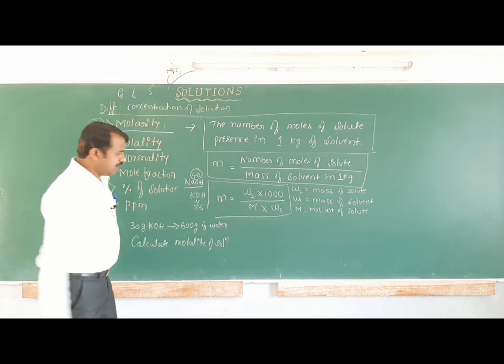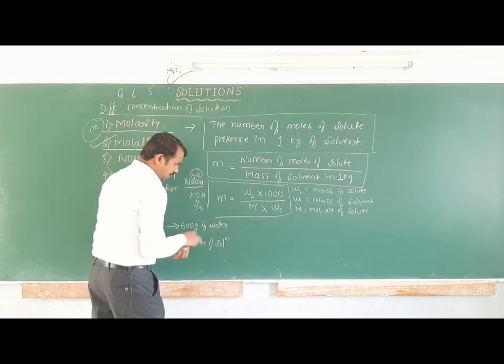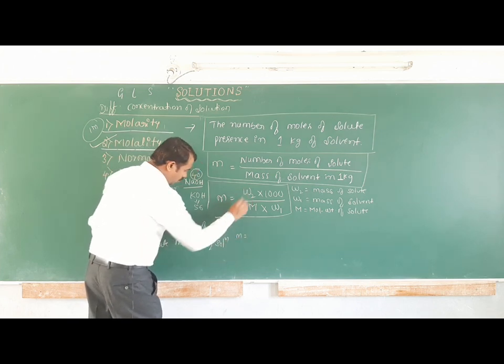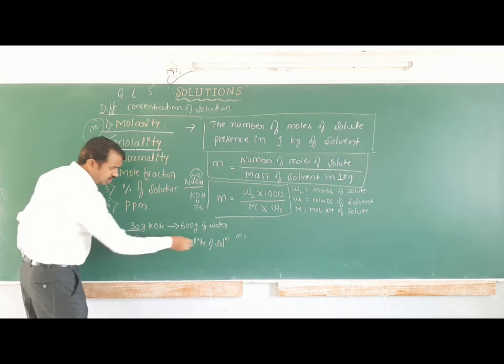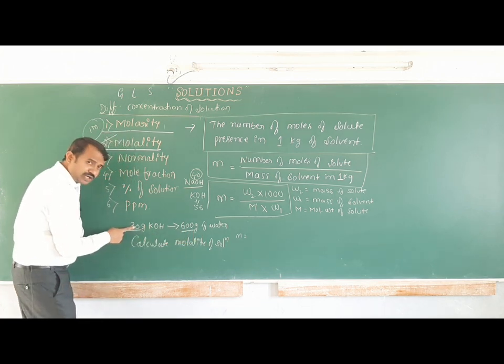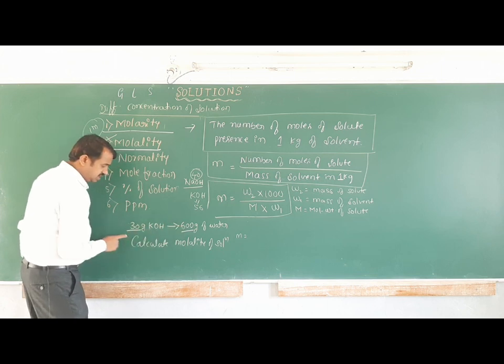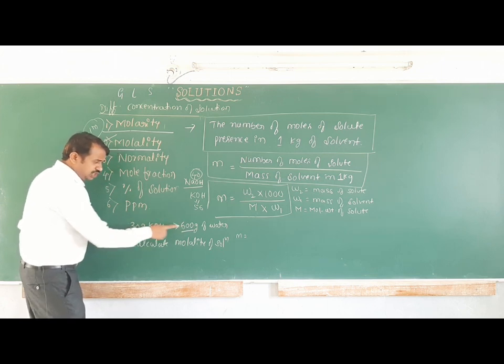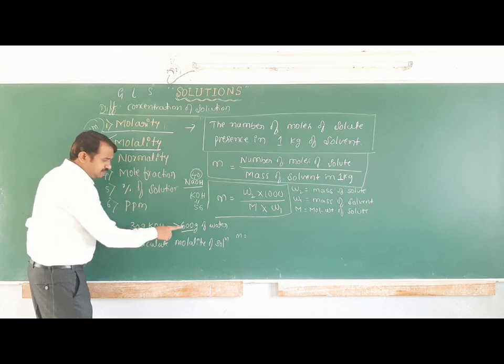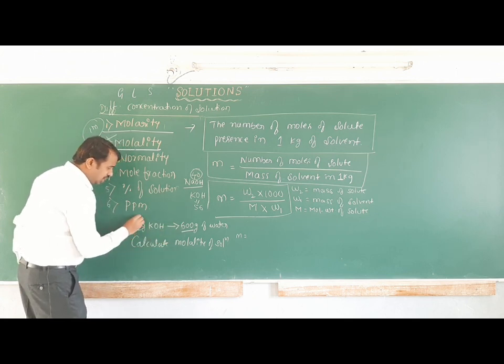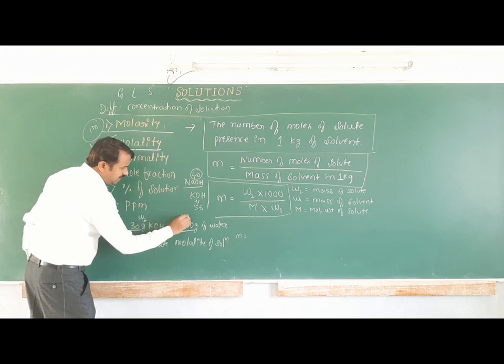Go for the formula, m equals. I told so many times, solute and solvent. The smaller component is solute, the larger component is solvent. 30 gram is present in 600 gram, so this is the solute W2, this is the solvent W1.